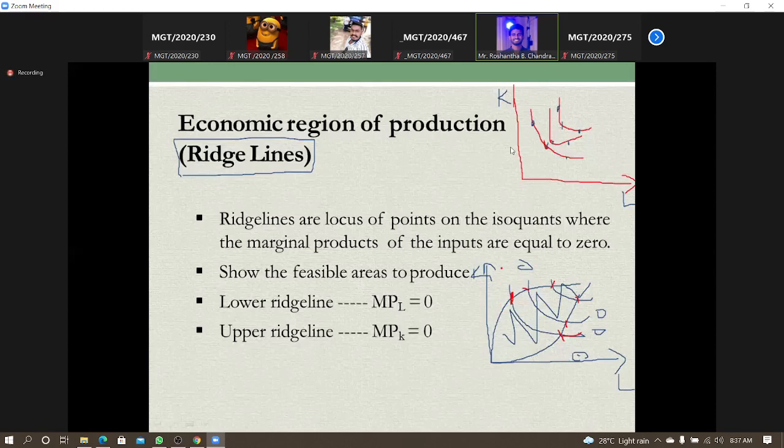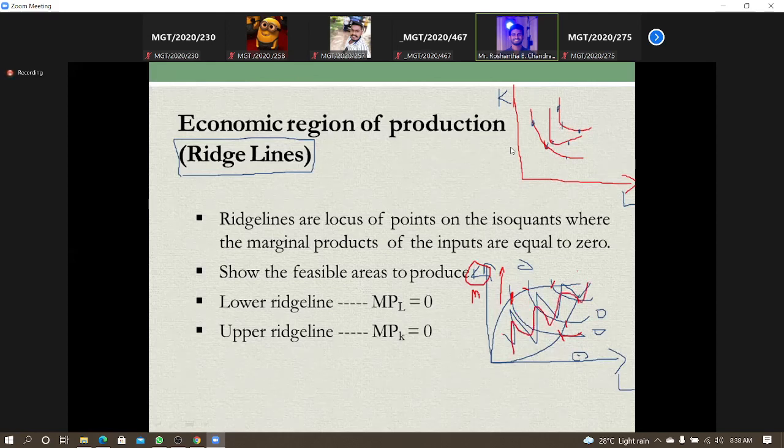Once after these points, Lamai, the marginal production of these inputs is decreasing, right? So in the places where the marginal production of inputs equals 0, we can identify the ridge lines, and inside these ridge lines, we identify the economic region to operate.